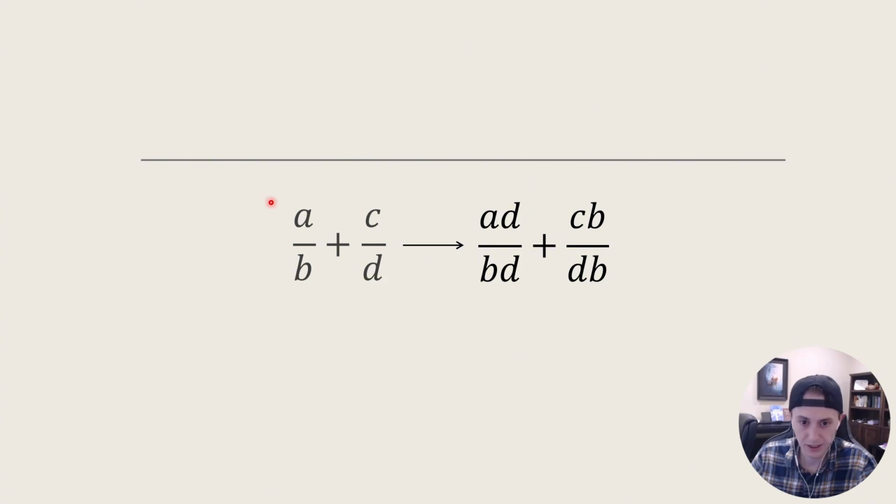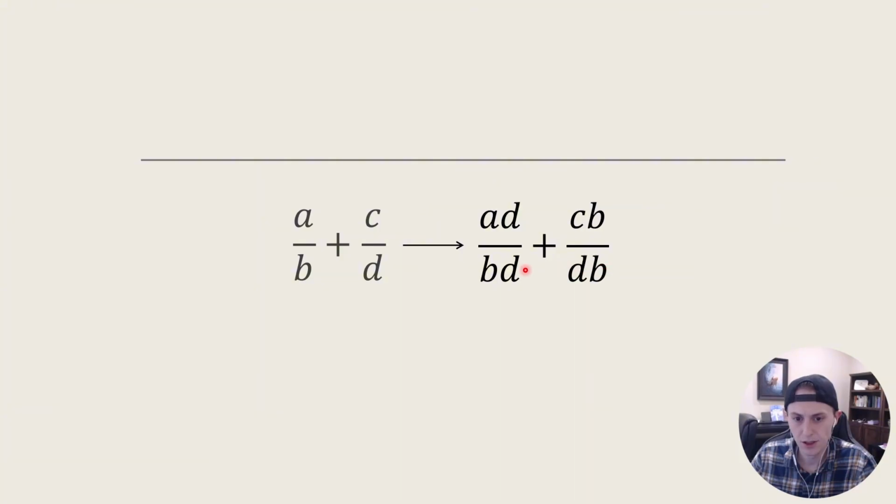So you have a over b here, and we multiplied by d to this whole thing. So you see a d over b d. Then you take the second fraction, c over d, right here, and I multiplied the top and bottom by the denominator of the first side, b.